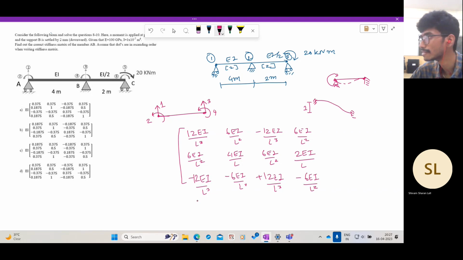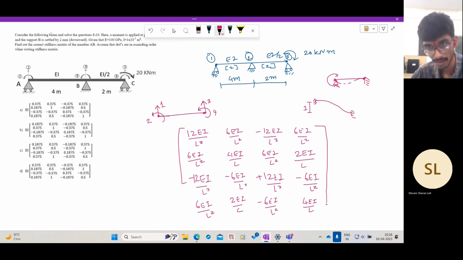The last row will be 6 EI by L square, 2 EI by L, minus 6 EI by L square, 4 EI by L. This can be obtained easily by using the slope deflection equations. So this is the beam element stiffness matrix.